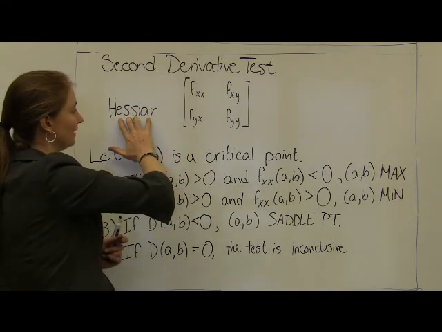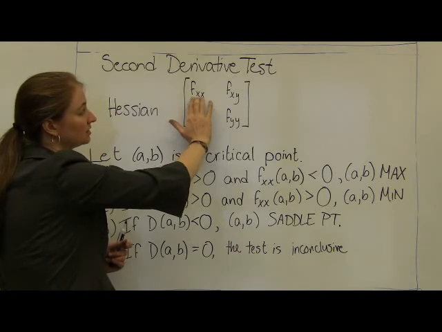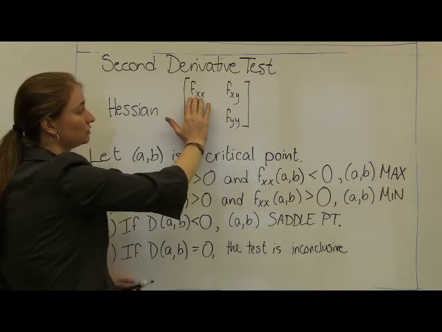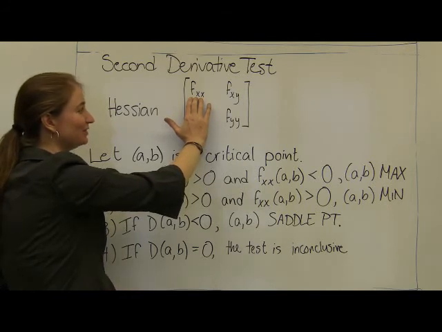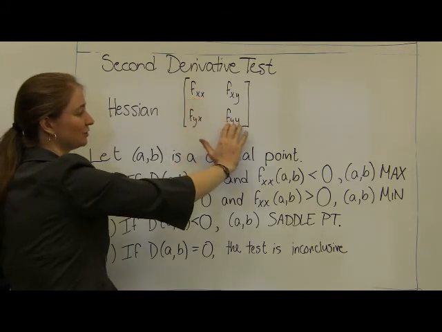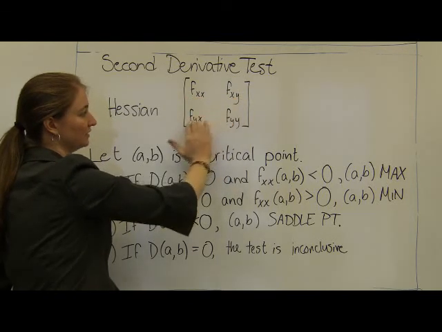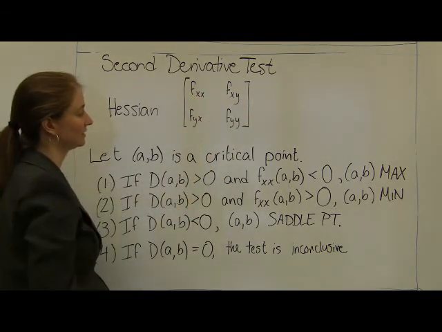So let's say I have a Hessian matrix. This matrix is a matrix of all of the second partial derivatives. I have the second partial derivative with respect to x and the second partial derivative with respect to y along the main axis, and then the mixed partial derivatives along the minor axis.